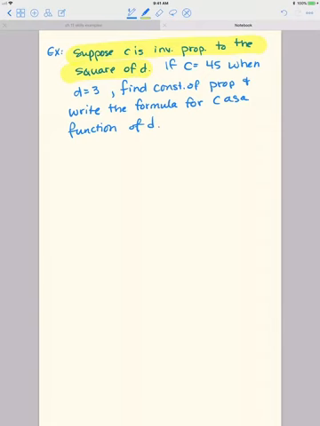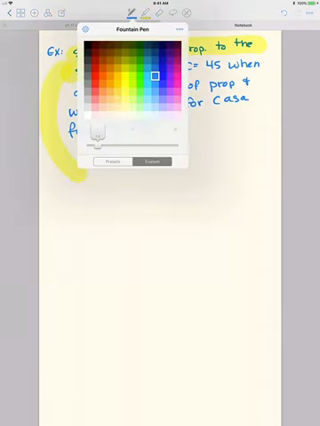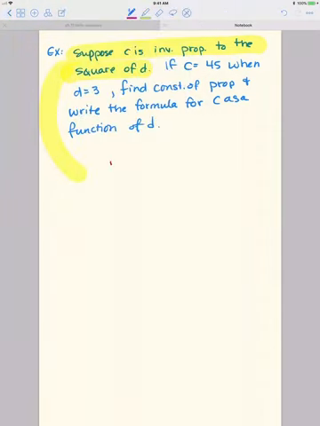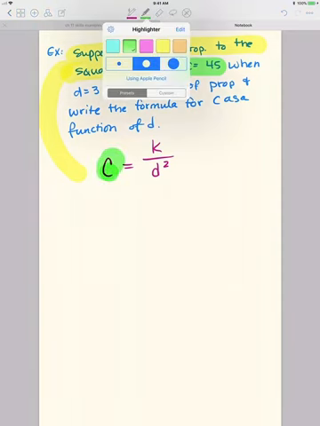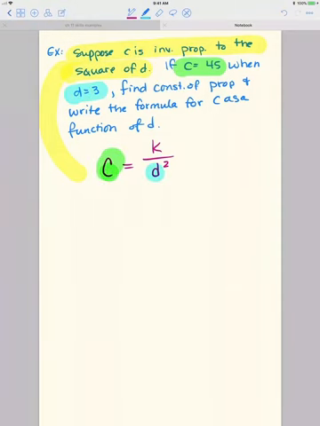Okay, so we'll start with setting up the equation. Suppose C is inversely proportional to the square of D. So what that's going to look like is C equals K, the constant, divided by the square of D. And then we'll use the values that it's told us to plug in. C is 45 when D is 3. So you take those values and you plug them in. 45 equals K over 3 squared.